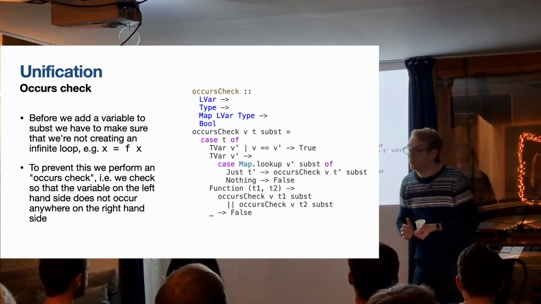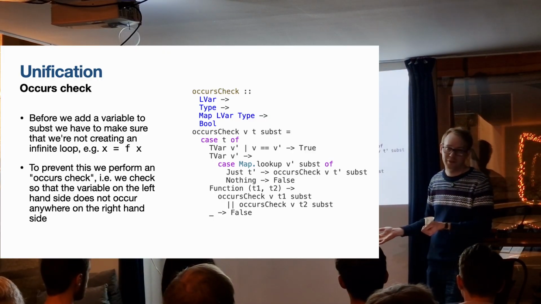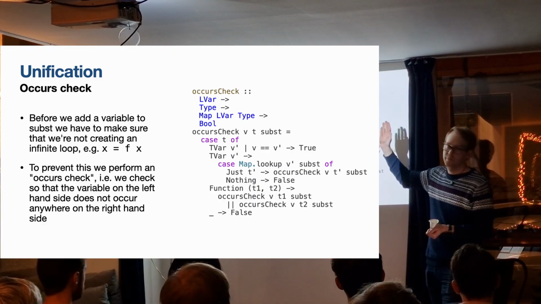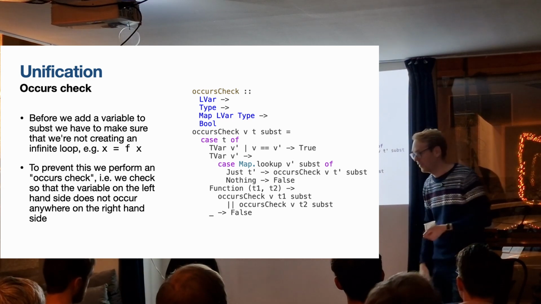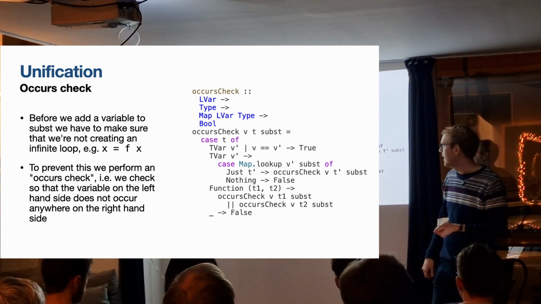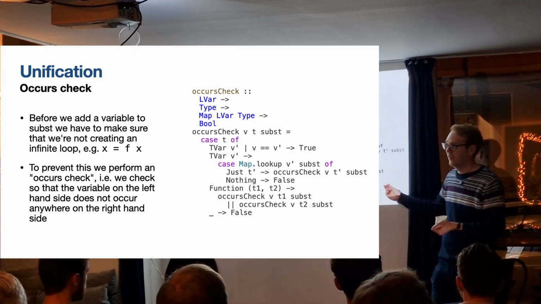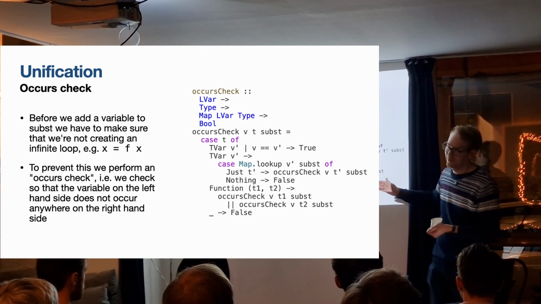So basically, if you see a new variable, before you insert it into the substitution map, you perform this occurs check, just to check, okay, is this in here or not? This is not super efficient, and there's probably a much faster way to do this.